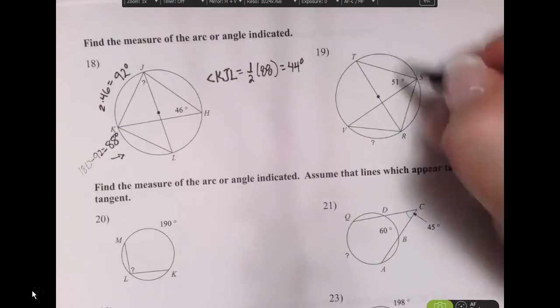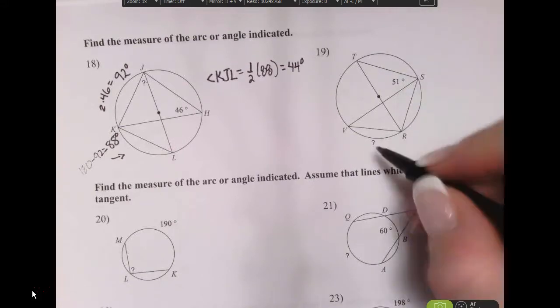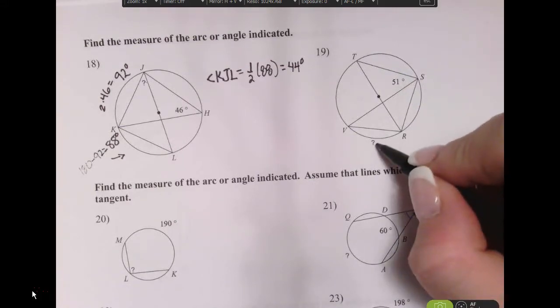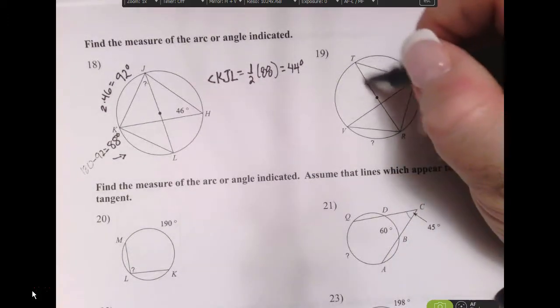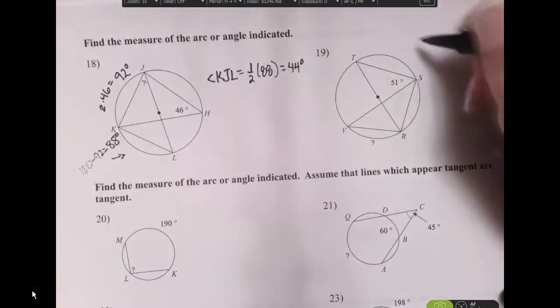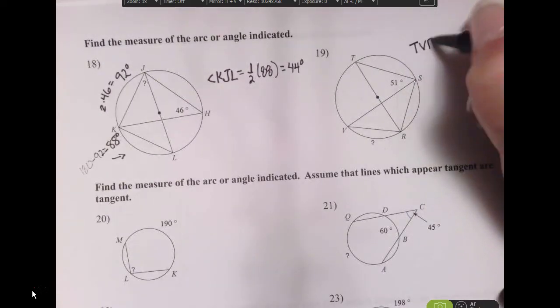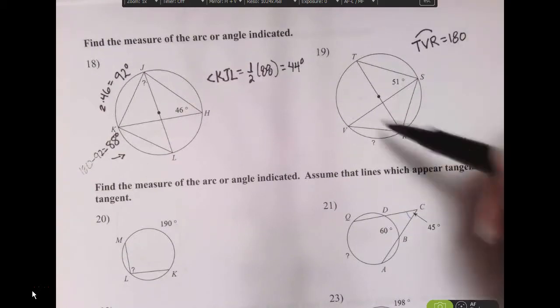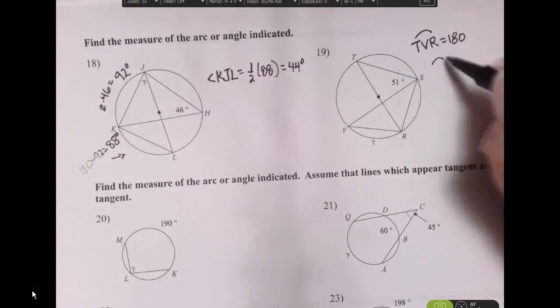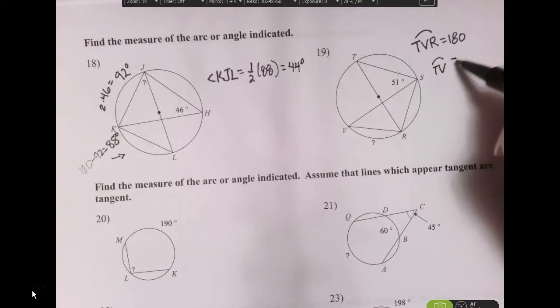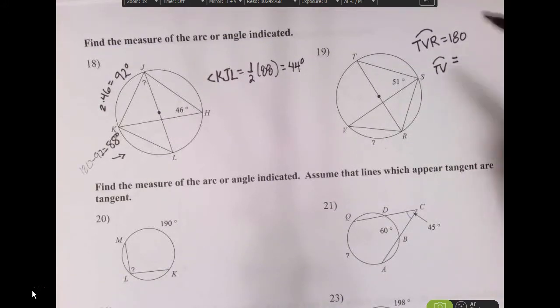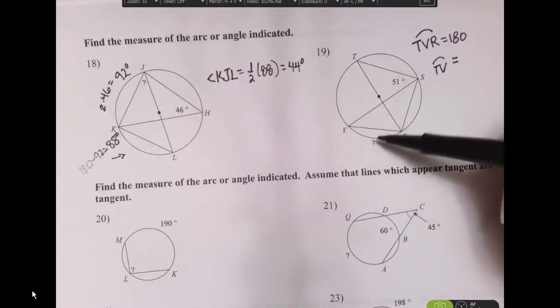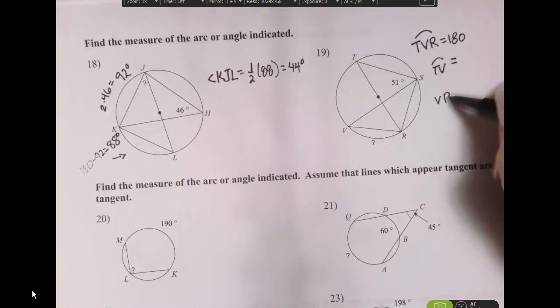So let's take a look at number 19. The missing piece is right here with the question mark. Again, I've got another diameter, so I know that TVR is 180. So if I could find arc TV, then I could subtract that from 180 and get arc VR, which is what I'm looking for.